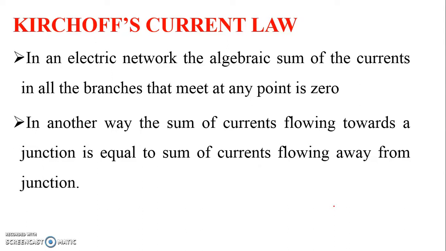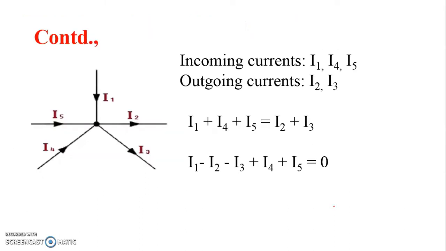It states that in an electric network, the algebraic sum of the currents in all the branches that meet at any point is equal to 0. In another way, the sum of current flowing towards a junction is equal to the sum of current flowing away from the junction. This is the statement of Kirchhoff's current law.